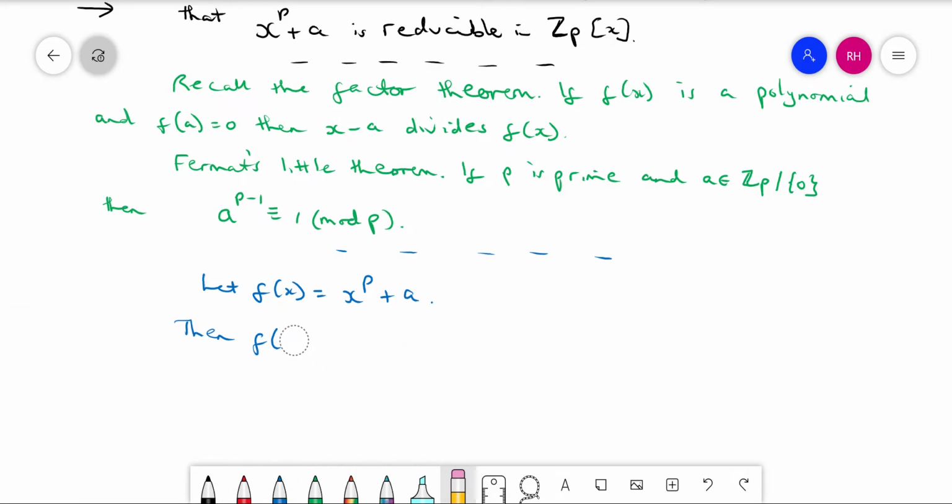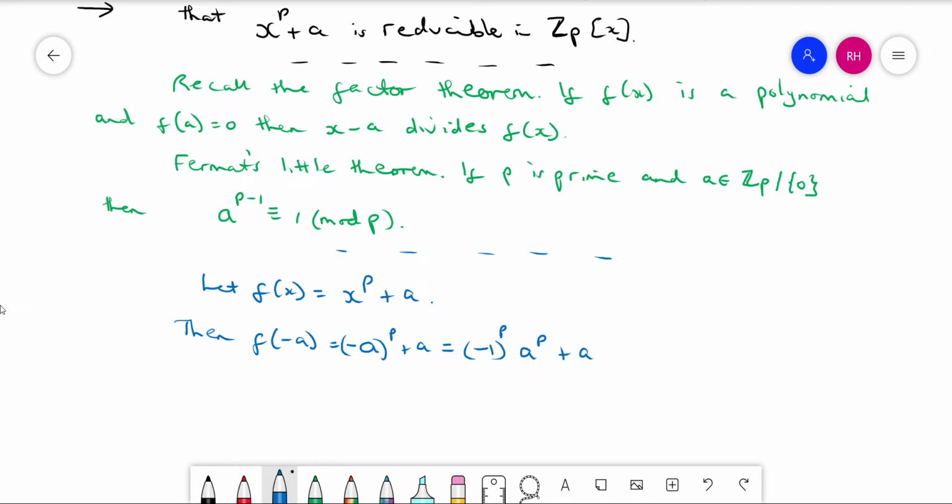So f of minus a equals negative a to the p plus a. Well, that's equal to negative 1 to the p times a to the p, plus a.